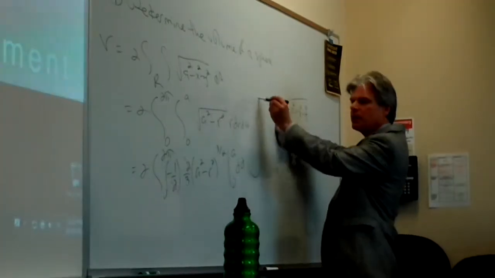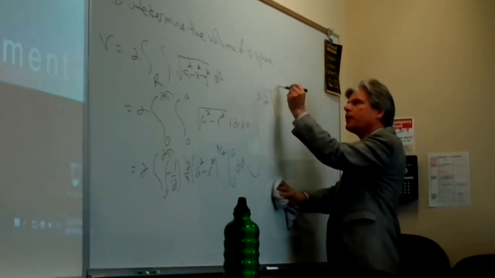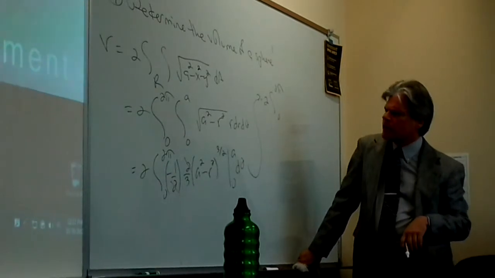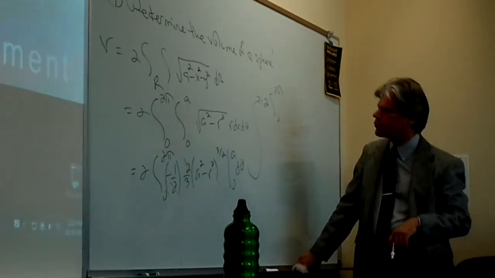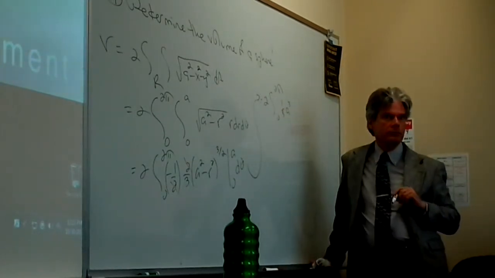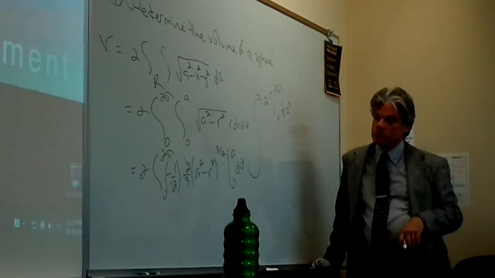I think I merely come up with 2 times the integral from 0 to 2 pi of, I'm sorry, I've got to slow down. I don't know what I get. Is that going to be an a cubed over 3? Wouldn't it be a 2 over 2? Oh, no, you're just going to factor out that 2.